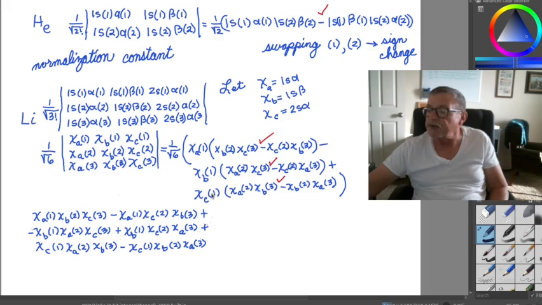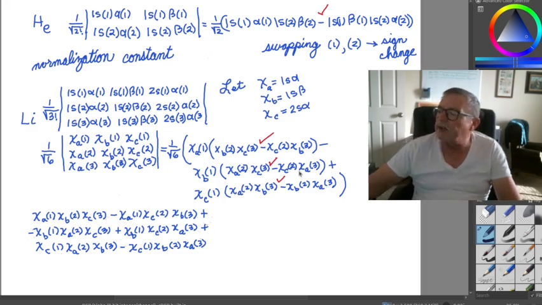We can follow the same thing with x sub C, and we take these four elements and form this difference. If we check out each one of these and put a little check mark on it, all of these satisfy the antisymmetry requirement that you swap two electrons and the sign changes.